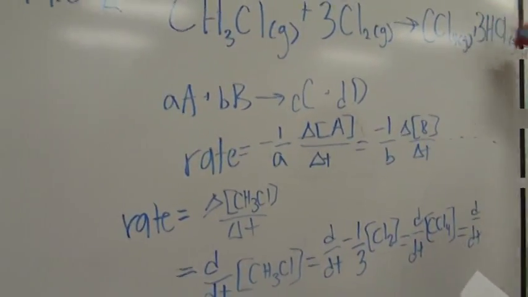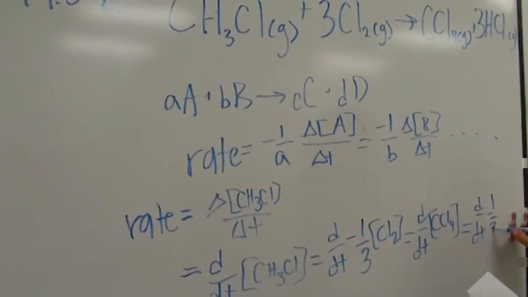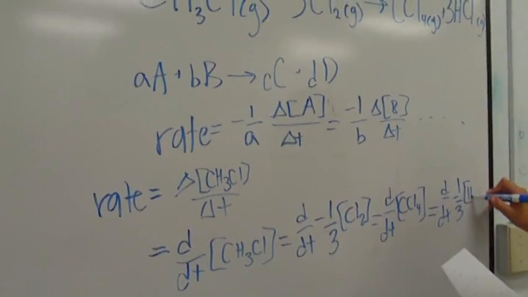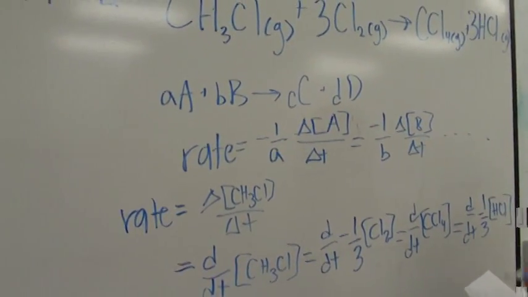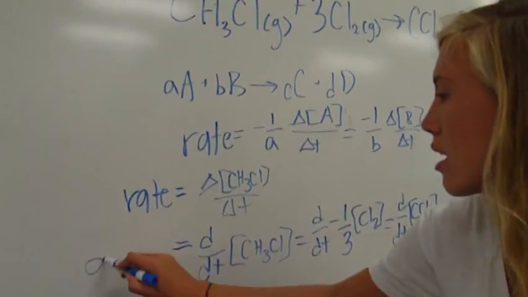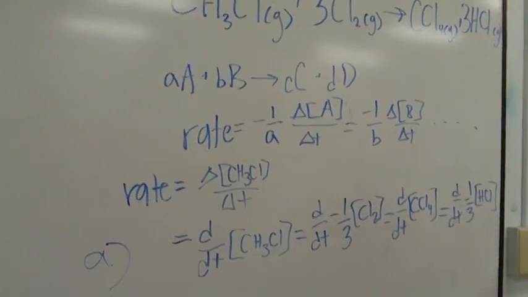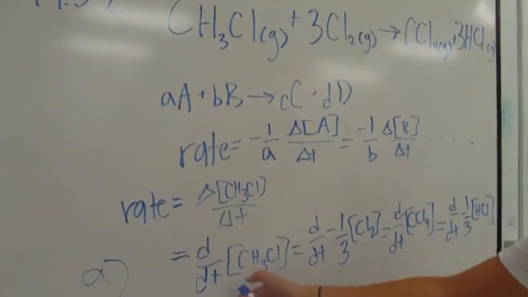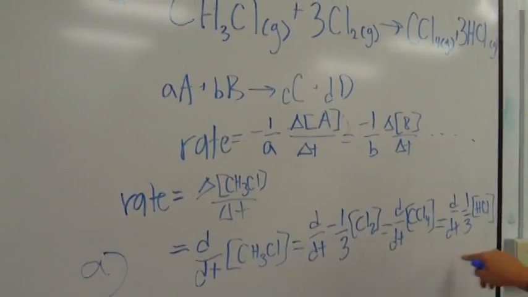We have another 3 here, so it's going to be negative 1/3 of hydrochloric acid concentration. So that's the answer for part A. It's just this equation right here. It's just comparing the instantaneous rates of reaction for each of the compounds.